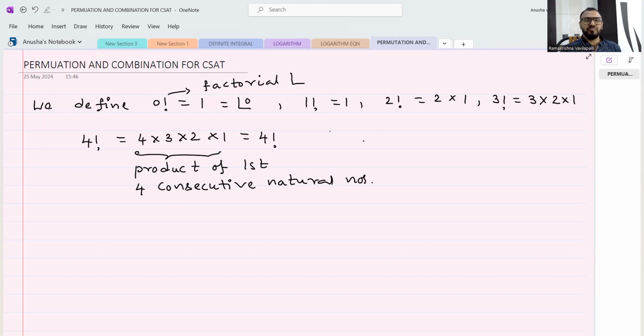Now you see, further I can write 4 factorial as 4 into 3 factorial, or I can write 4 into 3 into 2 factorial. Wherever you want to stop, you can stop by putting a factorial at the end.